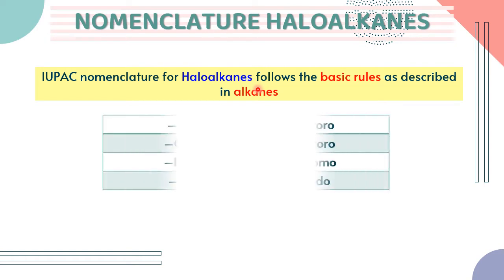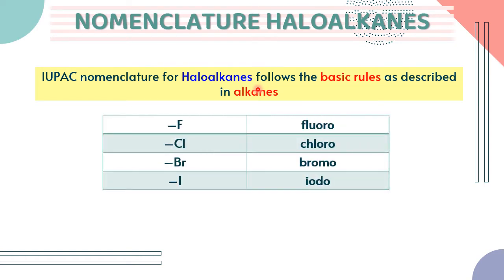It's just that with the halogens, we put fluorine as fluoro, chlorine as chloro, bromine as bromo, and iodine as iodo. That's the only difference, because we treat the halogens as a functional group, so we need to give a name for that substance. The parent name will always be the parent name of the alkane, so our halogen becomes a substituent.